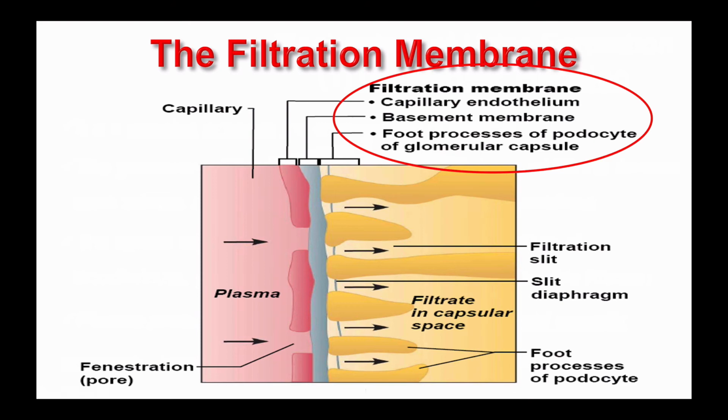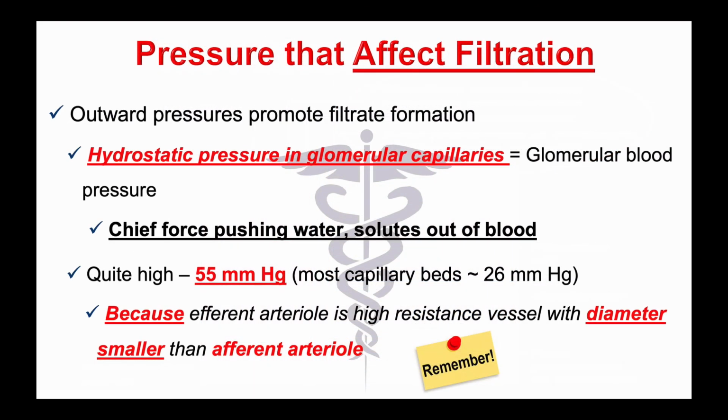The pressures that affect filtration: outward pressure promotes filtrate formation. Hydrostatic pressure in the glomerular capillaries is the chief force pushing water and solutes out of the blood. It is quite high, 55 millimeters of mercury, because the efferent arteriole is a highly resistant vessel with a diameter smaller than the afferent arteriole.